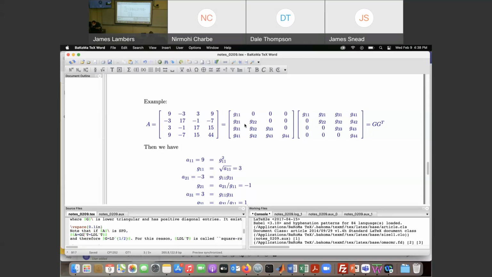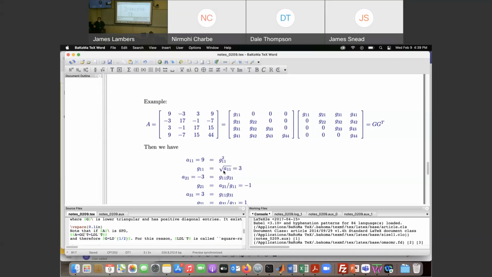So if I start the process, I look at the 1-1 entry of this matrix equation. If I compute the 1-1 entry of this matrix product, going across the first row and down the first column, all I'm going to get is G11 squared. That's what I have here. A11 is G11 squared. So I can just go ahead and solve that equation for G11.